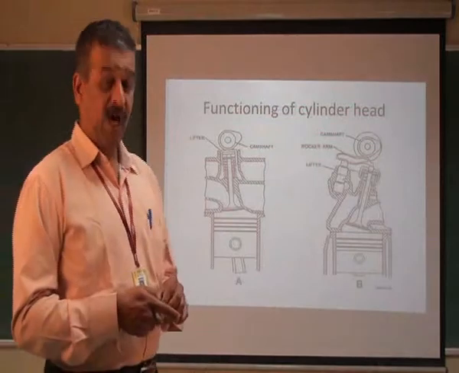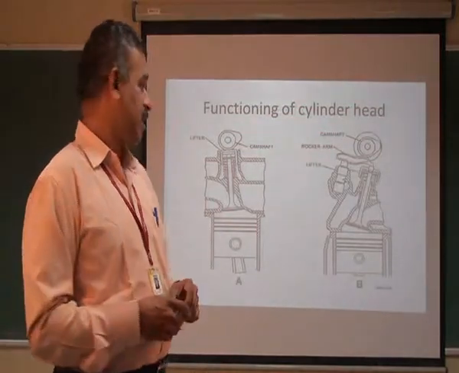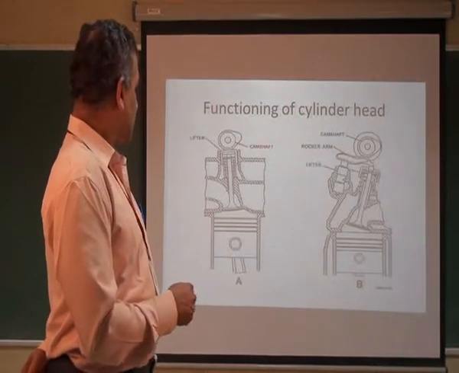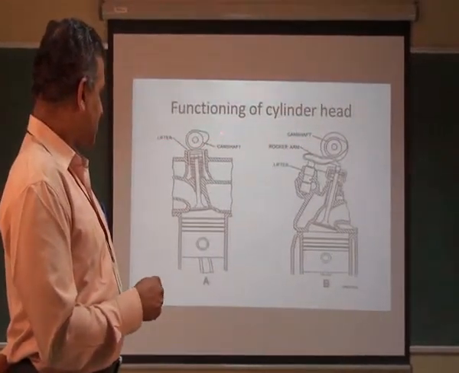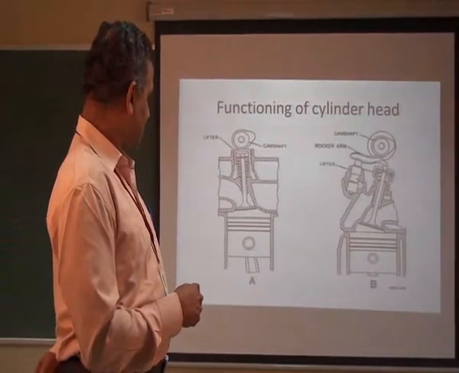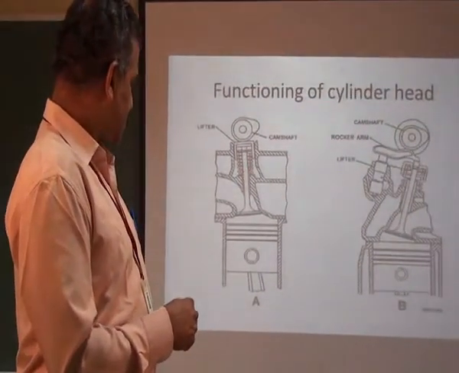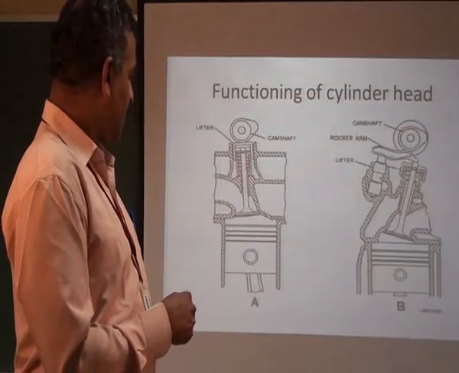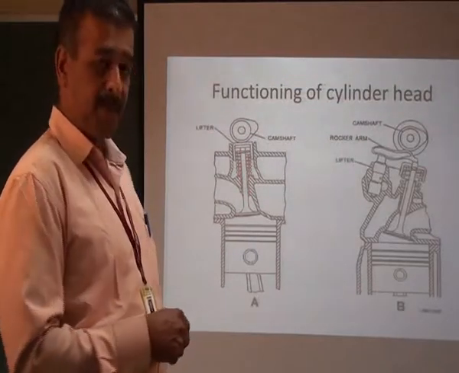Functioning of the cylinder head, how it functions. You can see here. I told you about the camshaft. This is the camshaft, and this is a lifter, and this is the valve, which is fitted with the help of a spring.